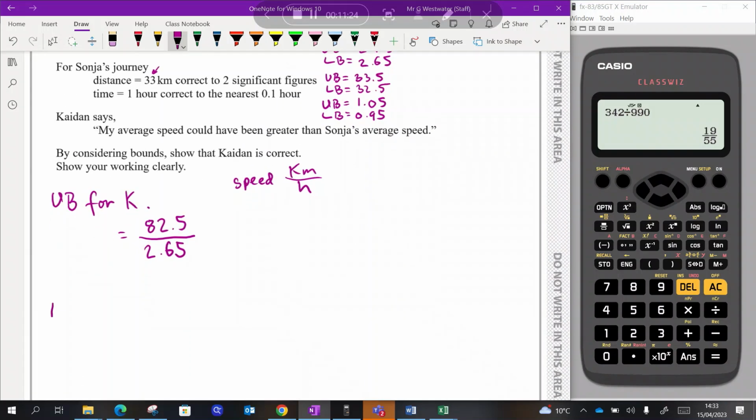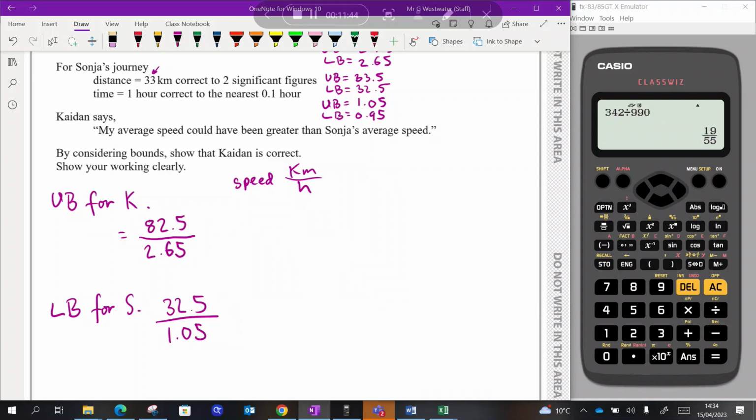And conversely, the lower bound for Sonia is going to be the smallest value on the top, so the smallest distance, 32.5, divided by the largest amount of time, so 1.05.